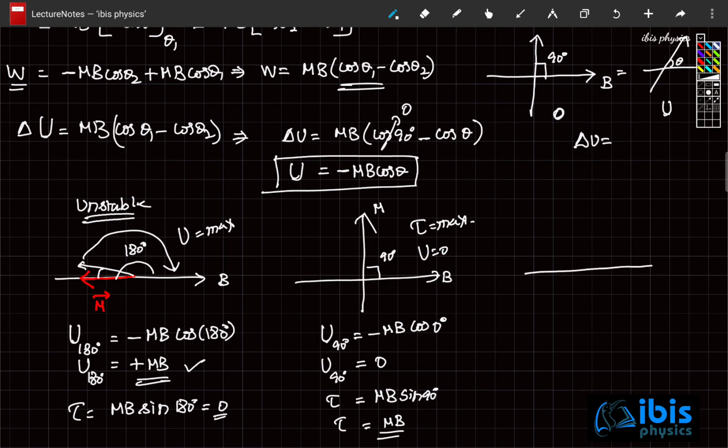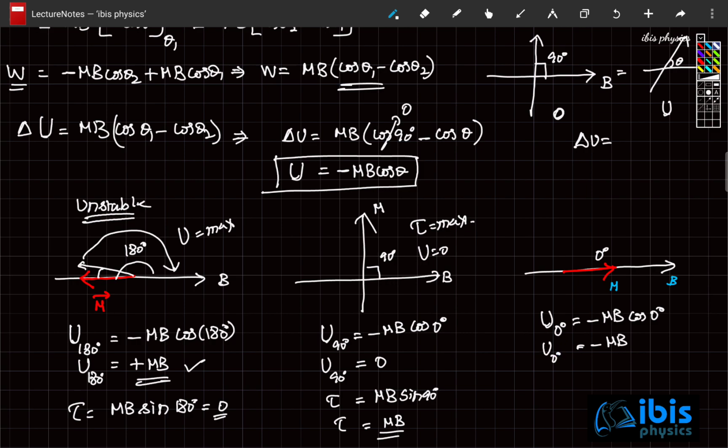What if the dipole is aligned in the direction of the magnetic field? The angle between the magnetic field and the magnetic moment is 0 degree. In this case, the energy of a dipole at 0 degree is minus mb cos 0 degree. Cos 0 degree is 1, hence it is minus mb.